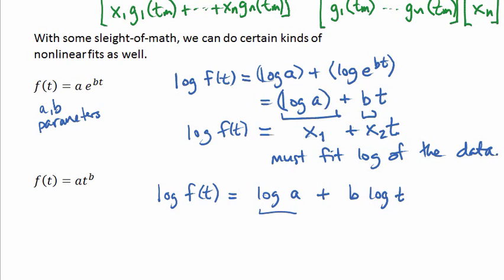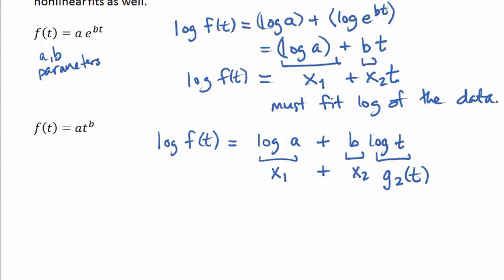So now we can call this x1. We call this b x2. And now we would call this the function g2 of t. Right, so we have a linear combination of the functions g1, or that's just 1 really for all values of t. But we do have x1 times g1 of t plus x2 times g2 of t.